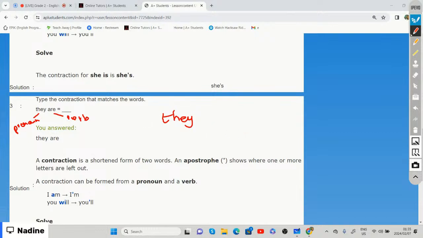So they are. Which means that what we're going to do is we only remove the A from the word are, put the apostrophe in its place, and there we have they're.